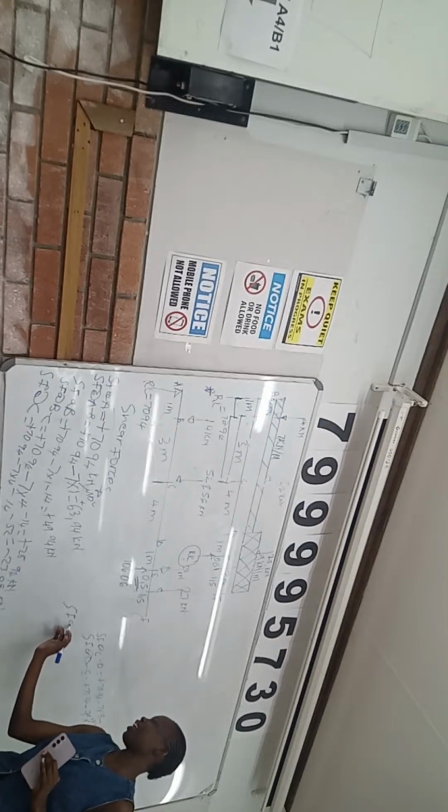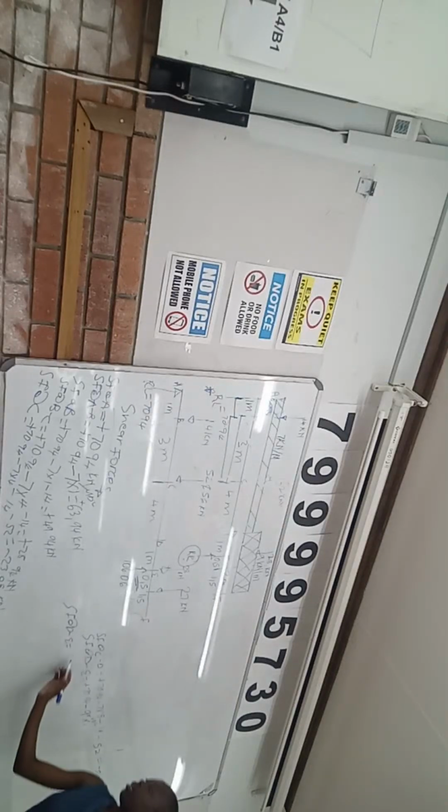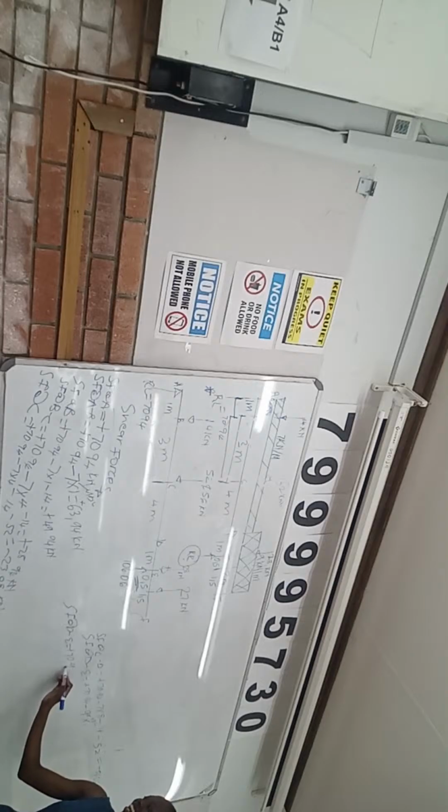Shear force at D to E in general. We have a positive 70.94. So that's the general. Positive 70.94 in general.